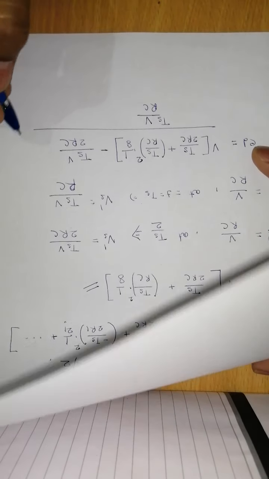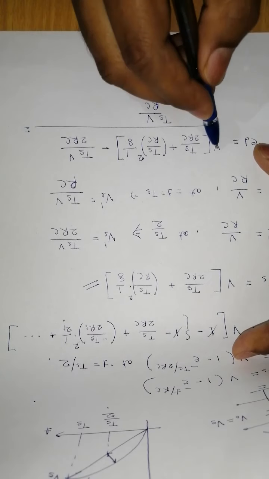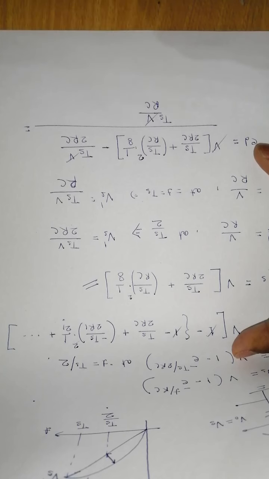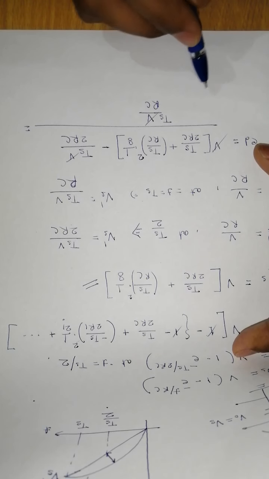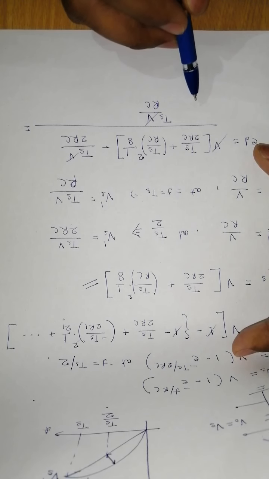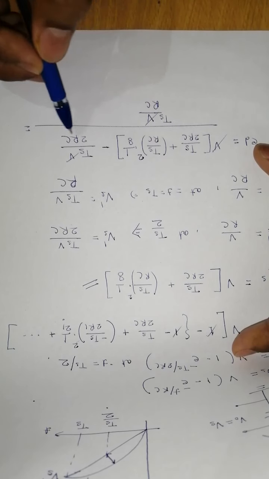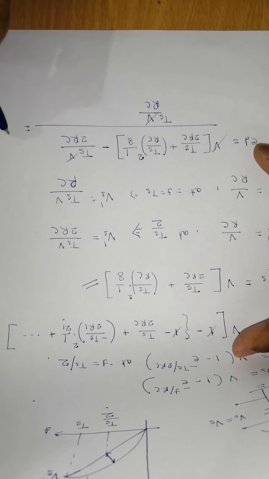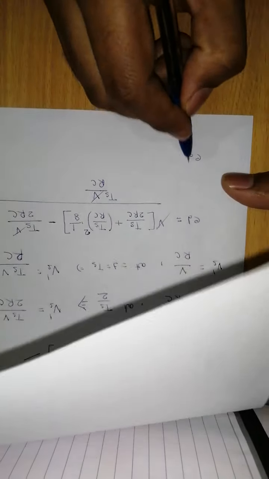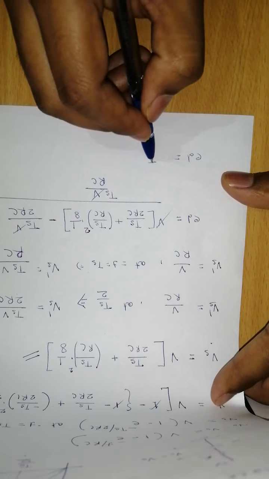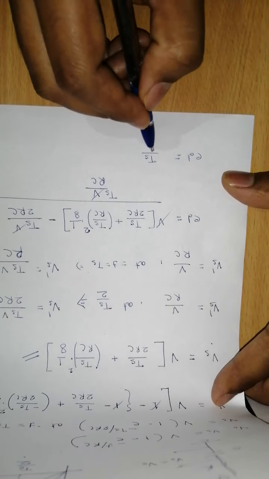If you finalize this equation, this V will get cancelled out, and Ts by RC is present everywhere, so I am taking common Ts by RC. So ED is equal to Ts by RC.